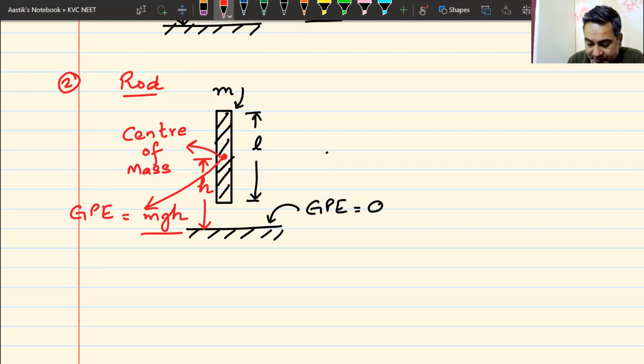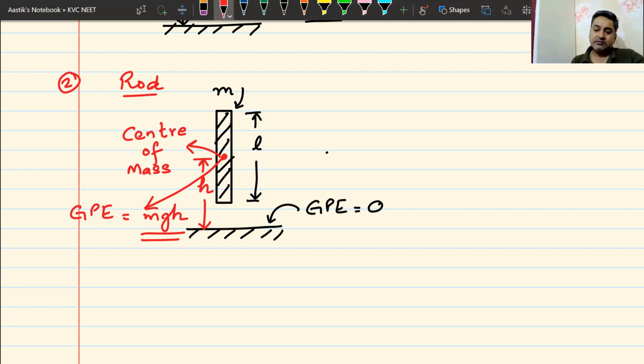mgh, where remember h is the height from the ground where the center of the rod lies. Center of the rod is not the right word. The right word is center of mass, but right now you can think of it as the center of the rod. So you have to find the height of the center of the rod from the ground.